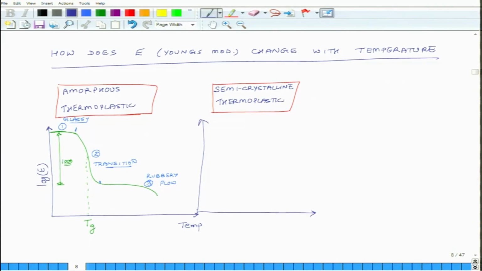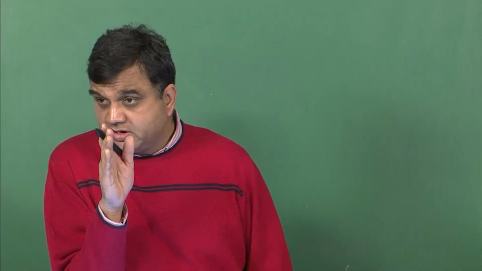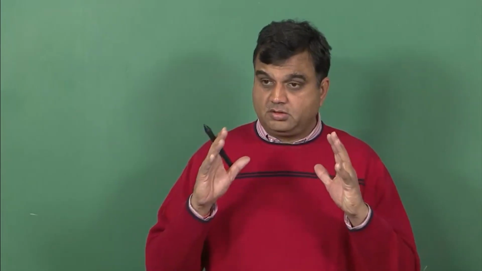So, let us see how it looks. On the x axis, I have temperature, y axis is again log of E, and in semi-crystalline, we have two temperatures which are important. The first one is glass transition. At glass transition, there will be a sharp decrease, but it will not be as sharp as in amorphous, because the crystalline structure still causes it to maintain its shape somewhat, okay.